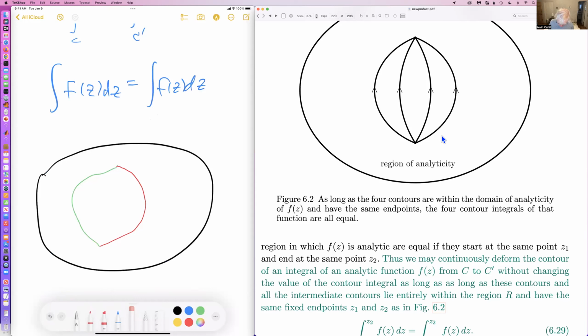So this one is C, and this one is C prime. So these two line integrals are the same.